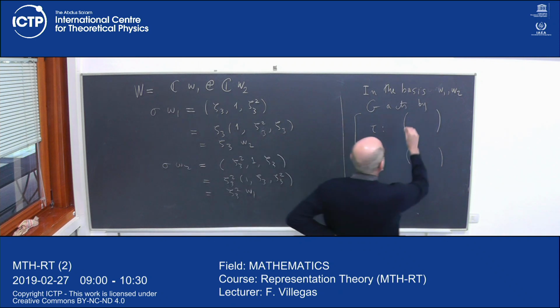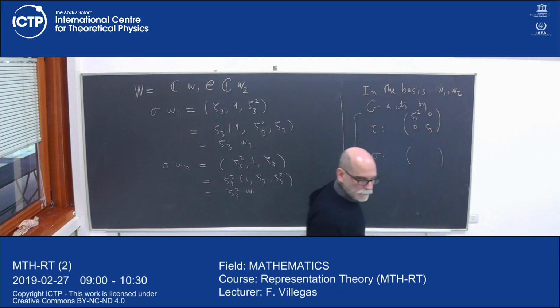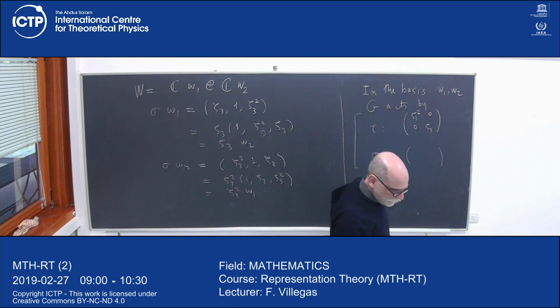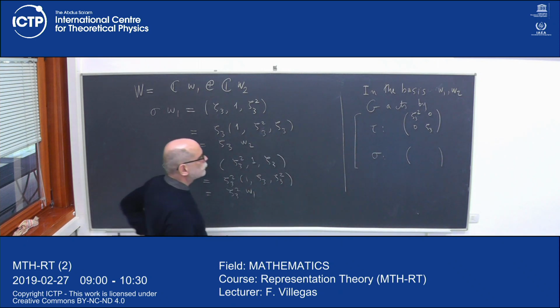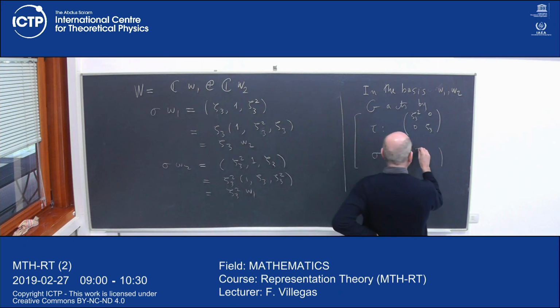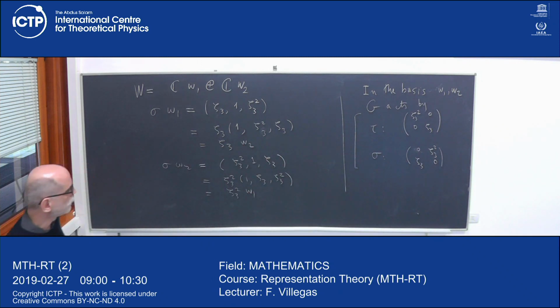On W1 it acted by zeta 3 squared, and on W2 it acted by zeta 3. And sigma, we have it right here: W1 goes to zeta 3 W2, so not quite diagonal, but sort of anti-diagonal. And W2 goes to zeta 3 squared W1.